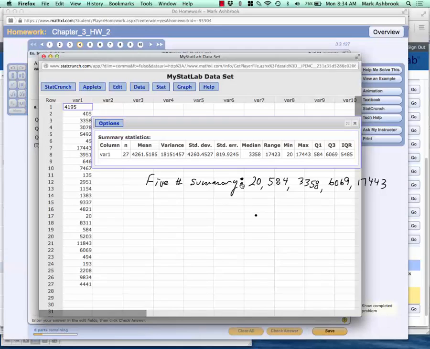When you write out the 5-number summary, you go from least to greatest: min, Q1, median or Q2, Q3, max. So now I want you to find the upper and lower limits and create the box and whiskers plot.